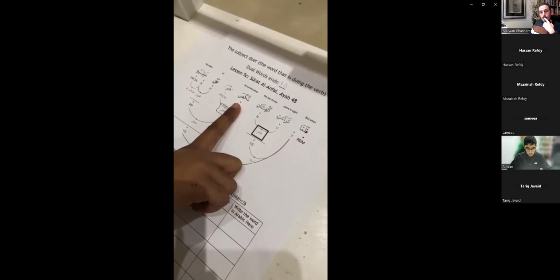Nakasa means he turned away. It is third person. It is male. The pronoun in nakasa, which is he, is fa'il because the man turned away.